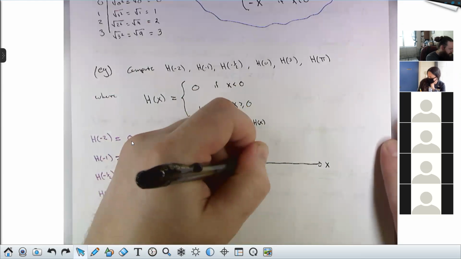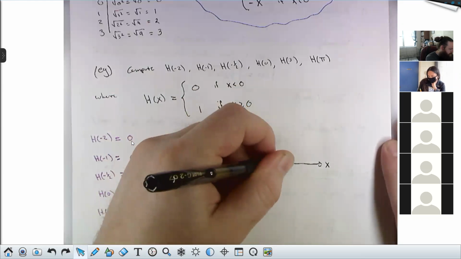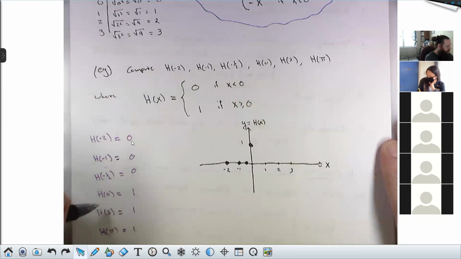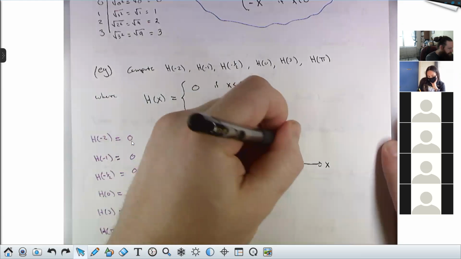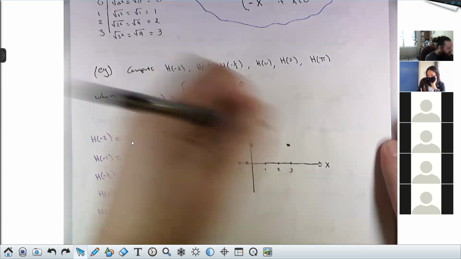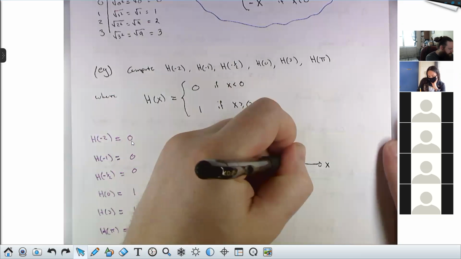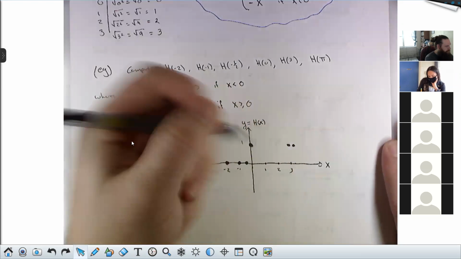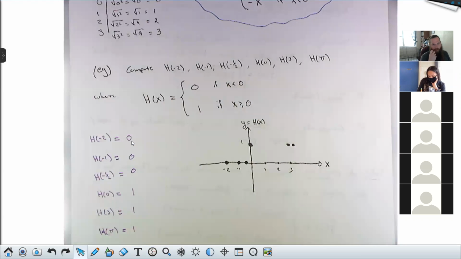And I'll march out here 1, 2, 3. The next point I know for sure is on the graph is 3, 1. And then we also said pi, 1. Pi would be like just right next to this guy. And if you want to sketch the graph of this function in its entirety instead of just a few points, you just observe that it's a constant function.